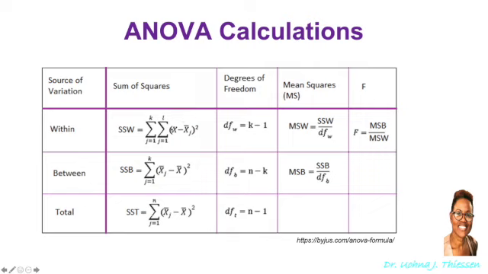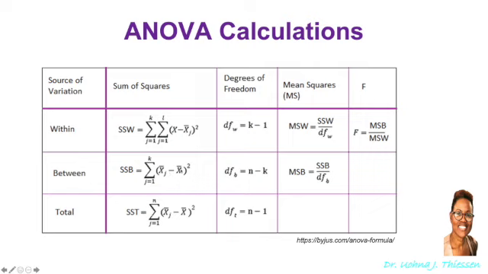Once you get that for all the participants in that one group, you would add that together. And then you would do that for each of the groups, and then you would sum it. So you're summing it for one group, and then each group, and then you're adding all the groups together. And so that would give you the sum of squares within group.